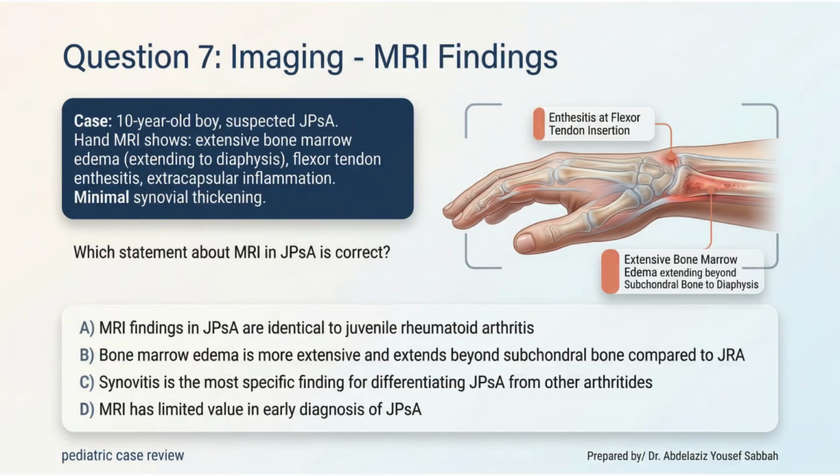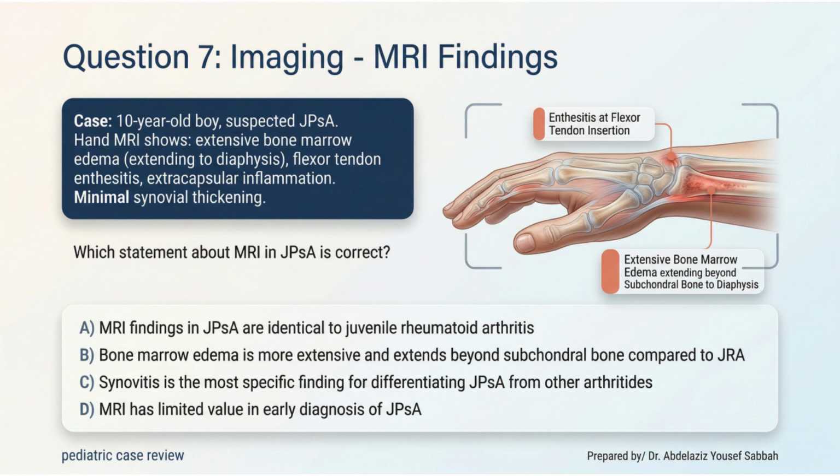Case 7. A 10-year-old boy with suspected juvenile psoriatic arthritis undergoes hand magnetic resonance imaging. The imaging shows extensive bone marrow edema extending to the diaphysis, flexor tendon enthesitis, extracapsular inflammation, and minimal synovial thickening. Which statement about magnetic resonance imaging in juvenile psoriatic arthritis is correct?